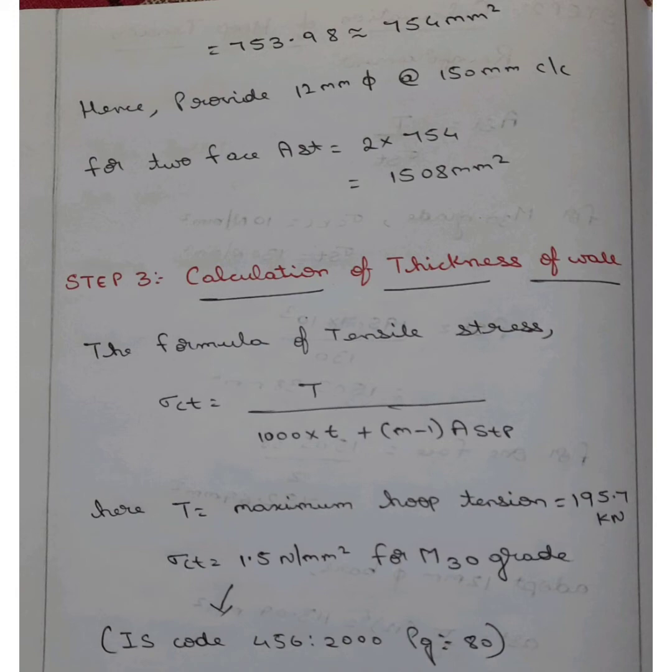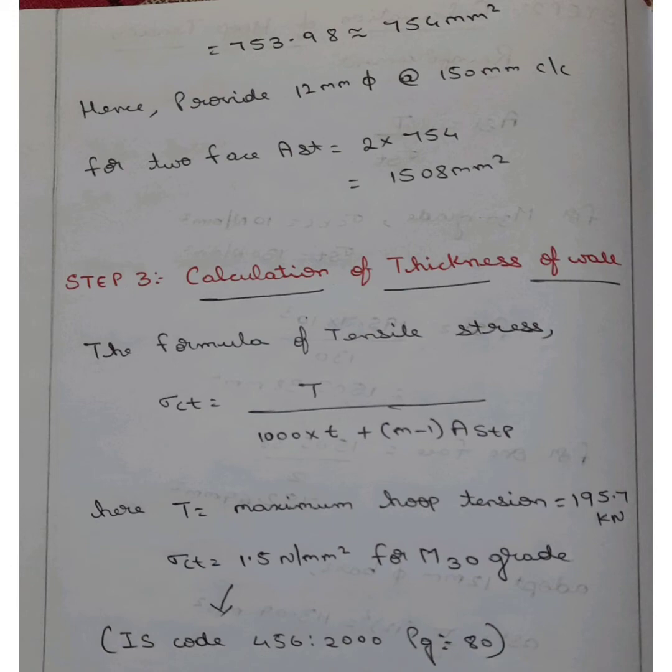Hence, provide 12 mm diameter at 150 mm center to center spacing. For two faces, AST provided equals 1508 mm square.